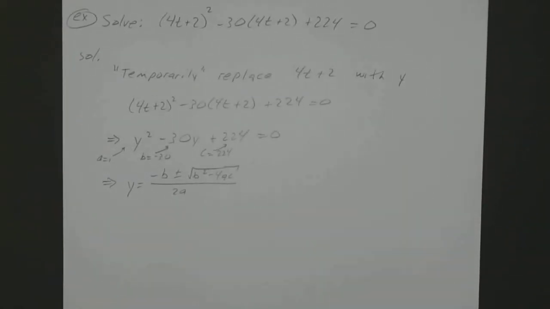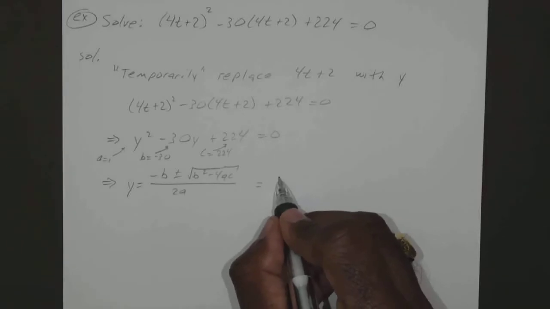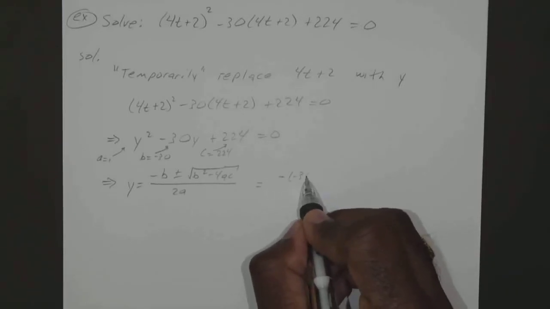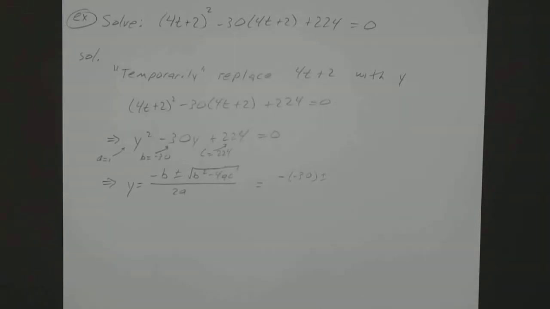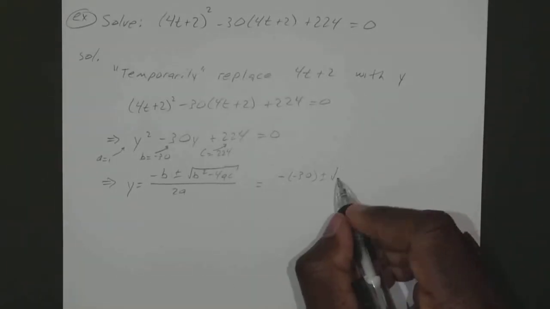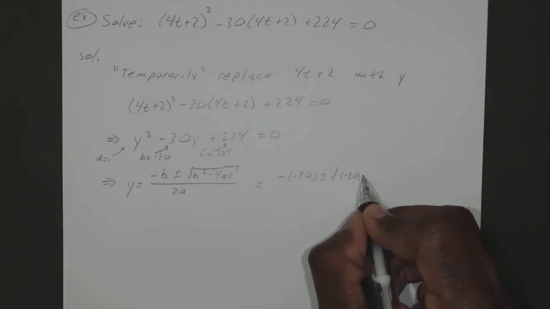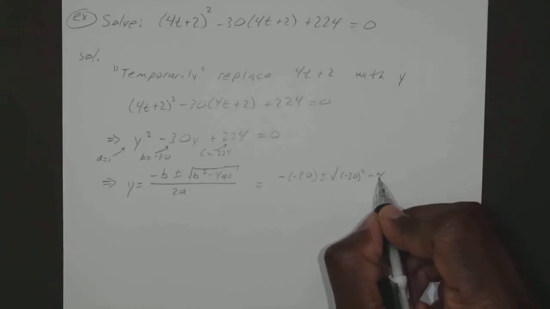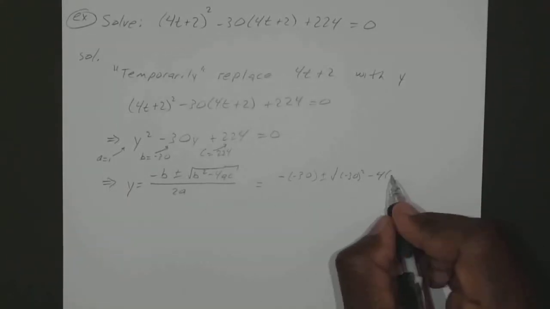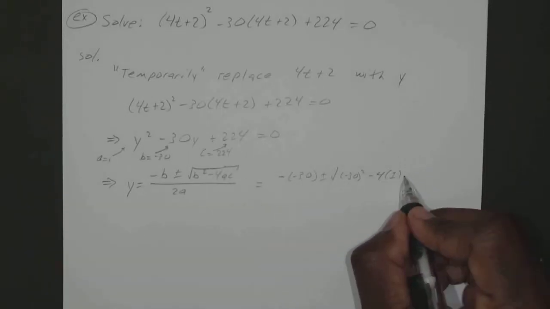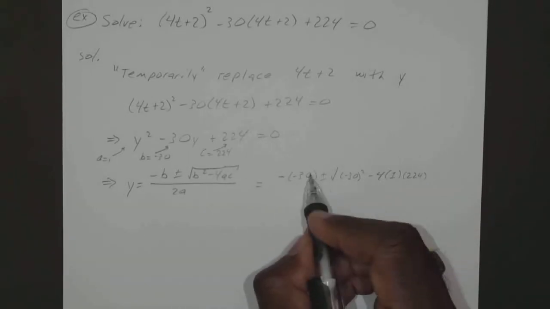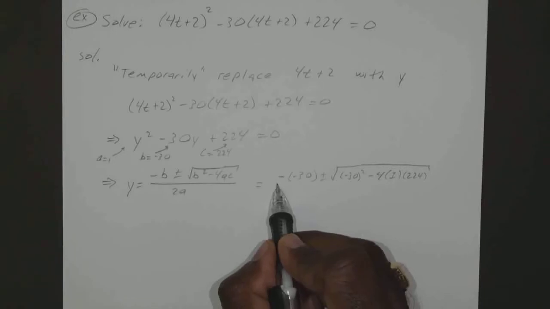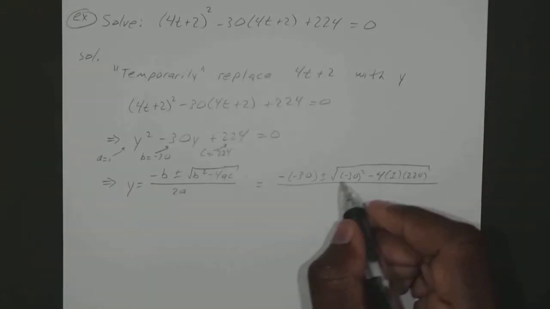If we plug everything in, we have negative 30 plus or minus the square root of negative 30 squared minus 4 times a times c, all over 2a, which is 2 times 1.